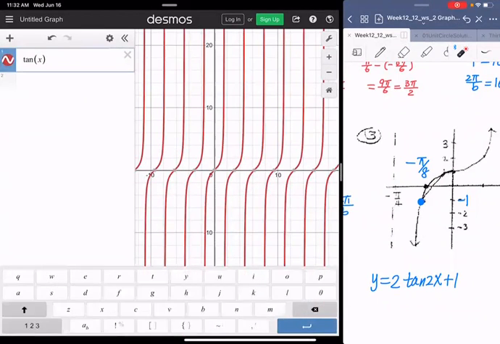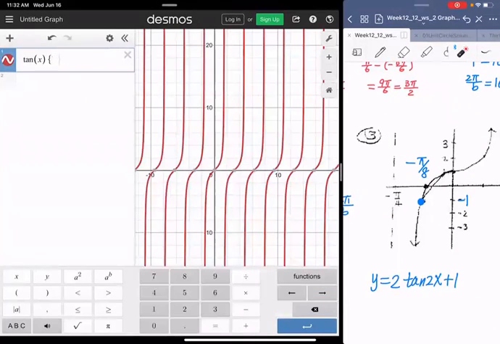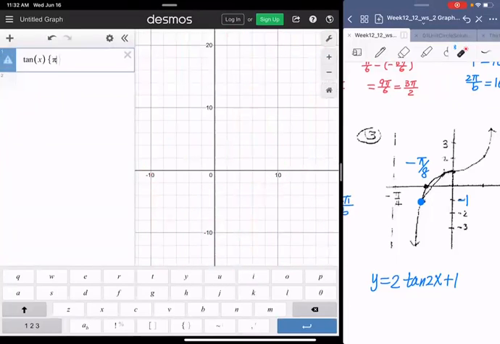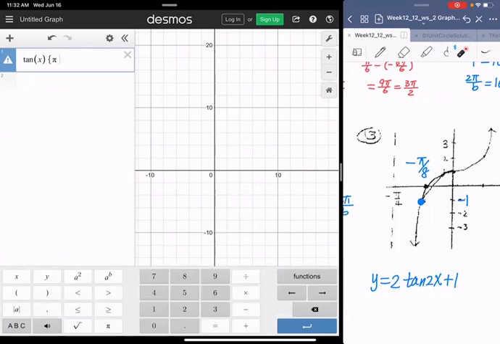So you can use curly brackets here to restrict it into just one period. Tangent is from negative pi over 2 to pi over 2. That's one period.